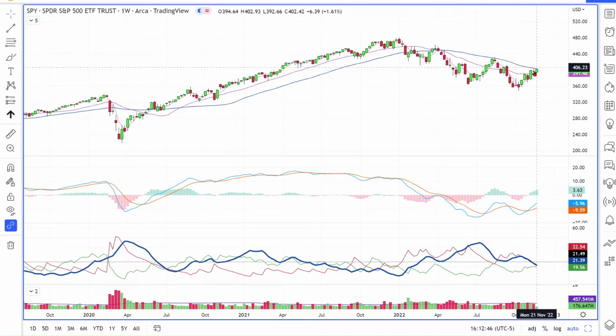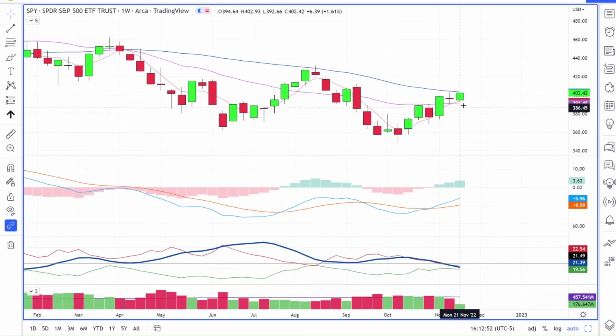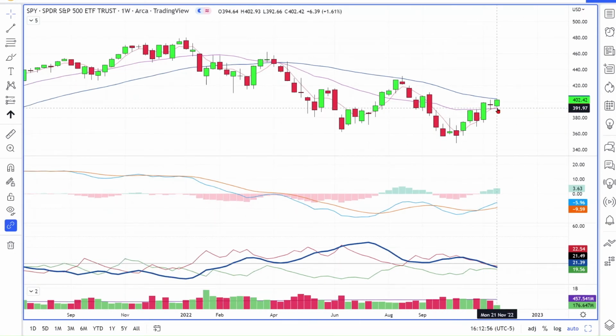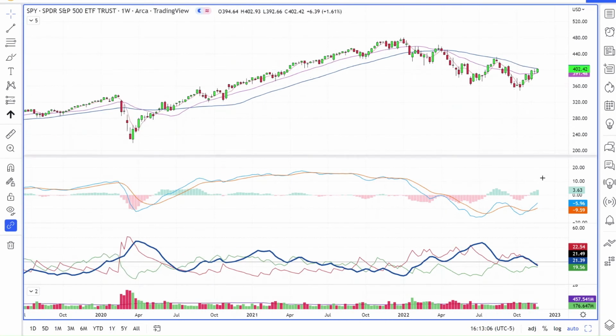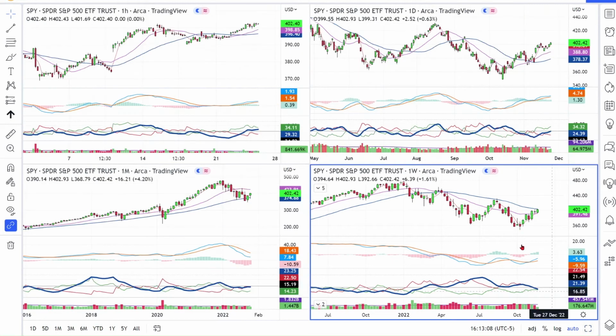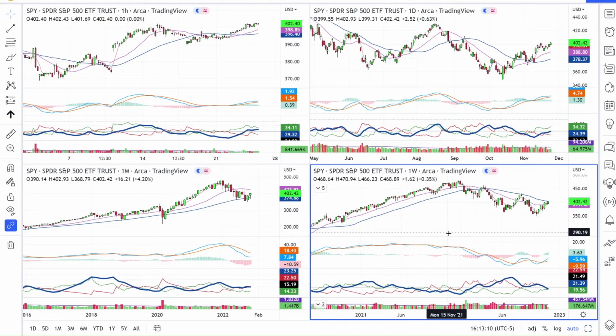This is the first time in a long time, pretty much the whole year, that this line is getting very, very close to turning up. It's not quite there, but if we get through the 40, you're going to have a rising 18 here. And I think that, again, it's supporting evidence to expect a move back up into this bigger resistance area and possibly higher, depending on how we look in terms of momentum.